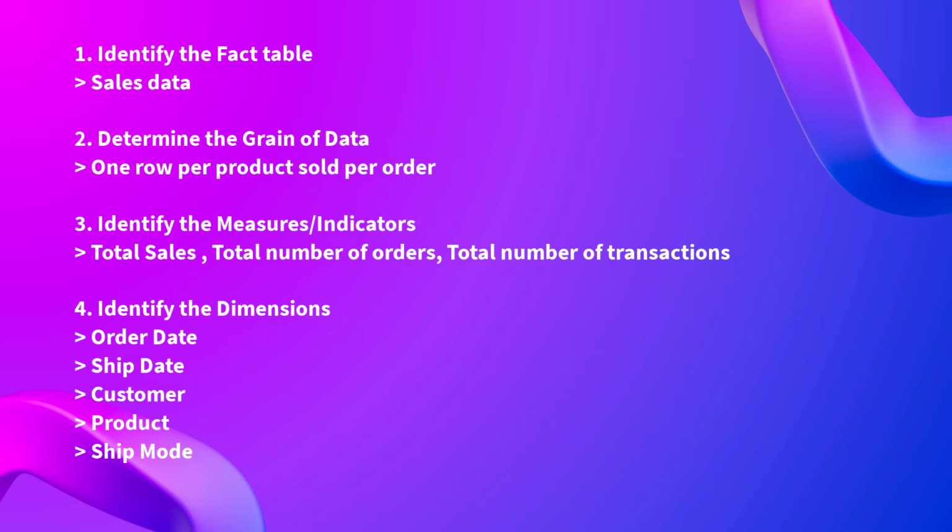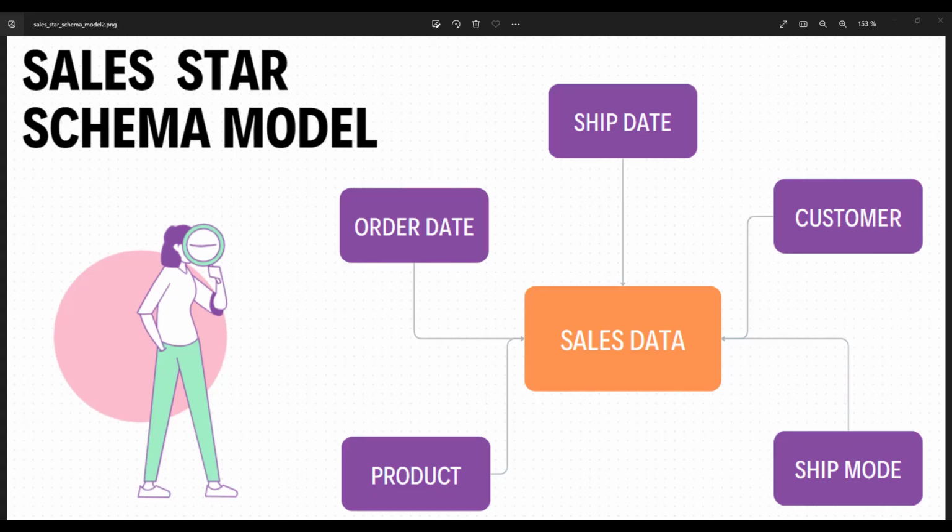Thirdly, we identified the measures, which are our total sales, the total number of orders and the total number of transactions. And finally, we went on to identifying the dimensions, which are the order date, the ship date, customer, product and ship mode. So putting all this information into our star schema model, we have the fact table in the center, the sales data, surrounded by our dimension tables.